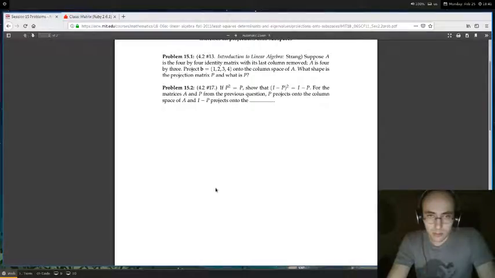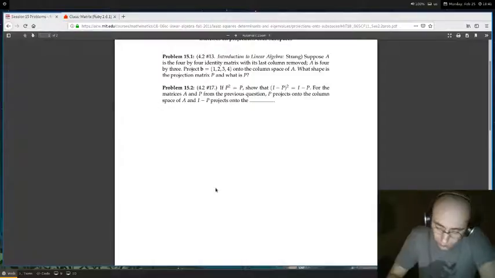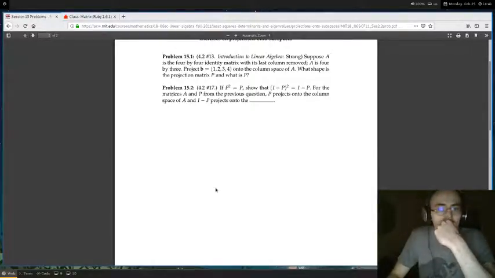Okay, the second one. If P squared equals P, which we know is right, show that identity minus P squared is identity minus P. Okay, this is the answer that I know.